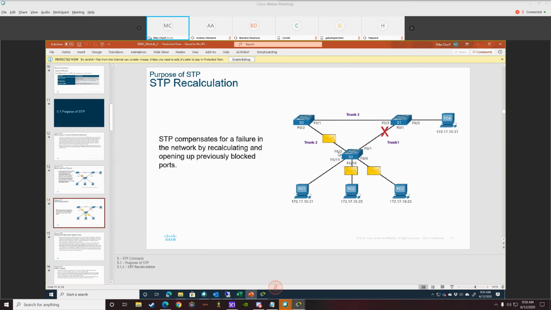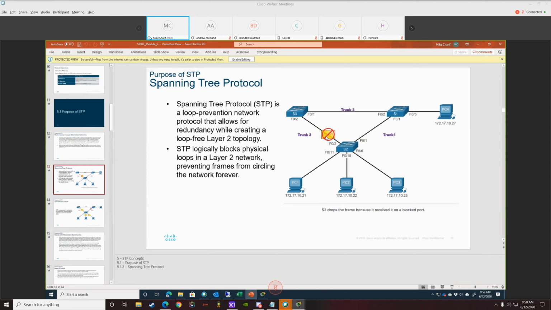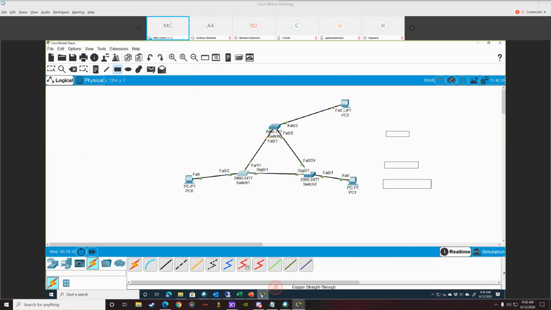And actually, in some books, they call it an alternate port. So when you configure this guy here, it is an alternate port. Remember, some people call it a blocked port or alternate port. Alternate means what? Means if anything happens here or here, we're going to open that alternative port.